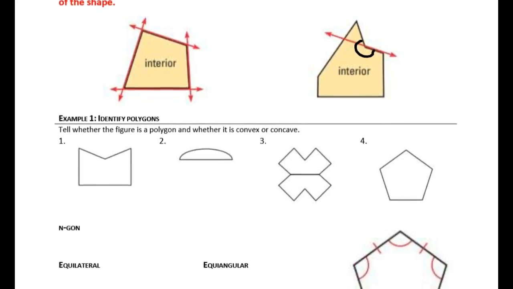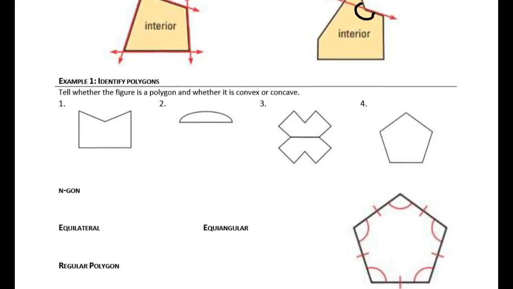So let's identify a few figures and tell whether they are convex or concave. In number 1, this would be concave because it's sunken in at the top there. Number 2 is not a polygon because it's got a curved side.